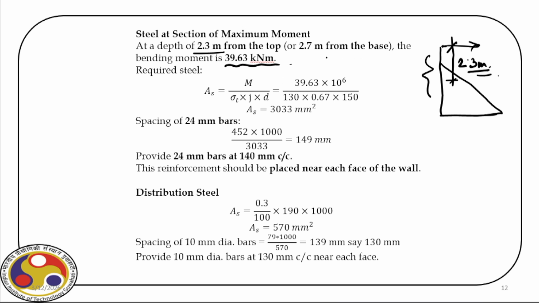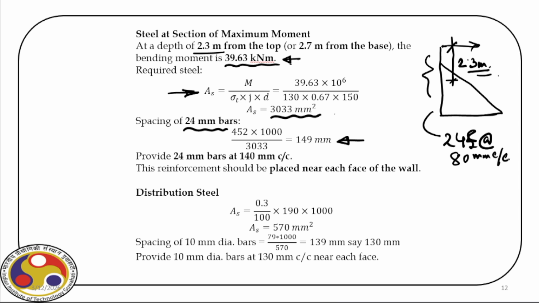Let us check what is the steel requirement for that, and it is here. So steel requirement for this demand is 3033 millimeter square. So if you use the same diameter bar, which is 24 millimeter, the spacing is 149 millimeter, which means at the bottom we have 24 phi bar at the rate 80 millimeter center to center.